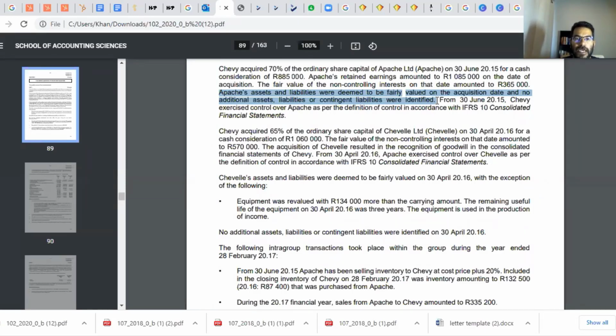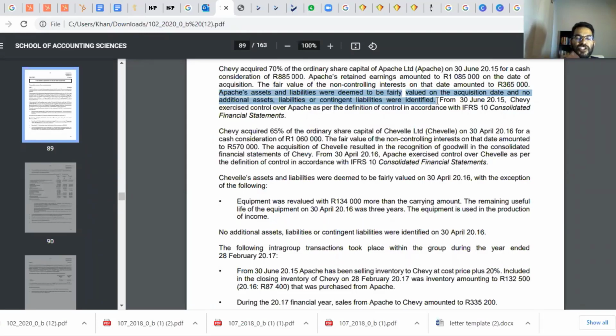Okay, so in that paragraph, there was a lot going on. To recap, we gained control, therefore we need to consolidate. The date we gained control, which is the date of acquisition, is 30th June. So from 30th June is when we need to consolidate, and on 30th June is when we need to apply IFRS 3. We identified that NCI's fair value is 365, but we need to confirm whether that is the policy to measure NCI.